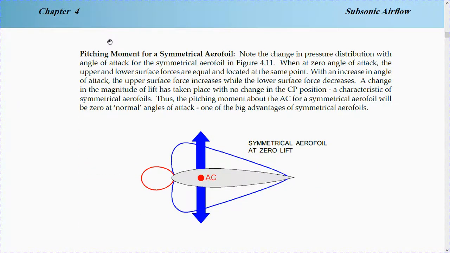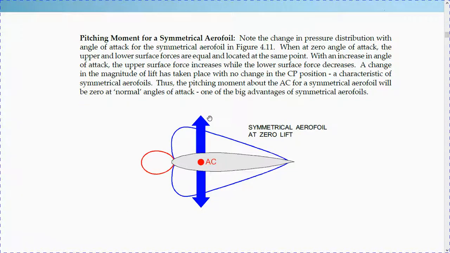So, pitching moment for a symmetrical airfoil, the way it pitches. Note the change in pressure distribution with angle of attack for the symmetrical airfoil in figure 4.11.